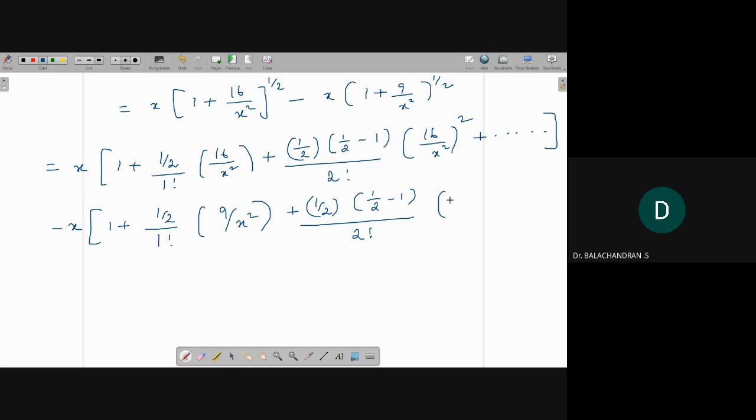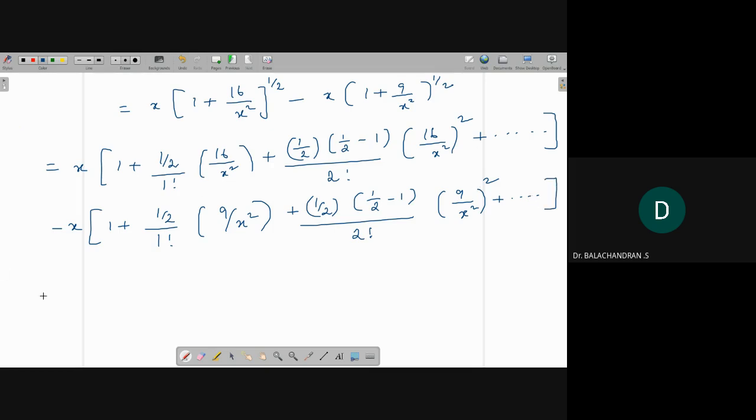Yes, here what? x square, it is 9 by x square whole square plus and so on.